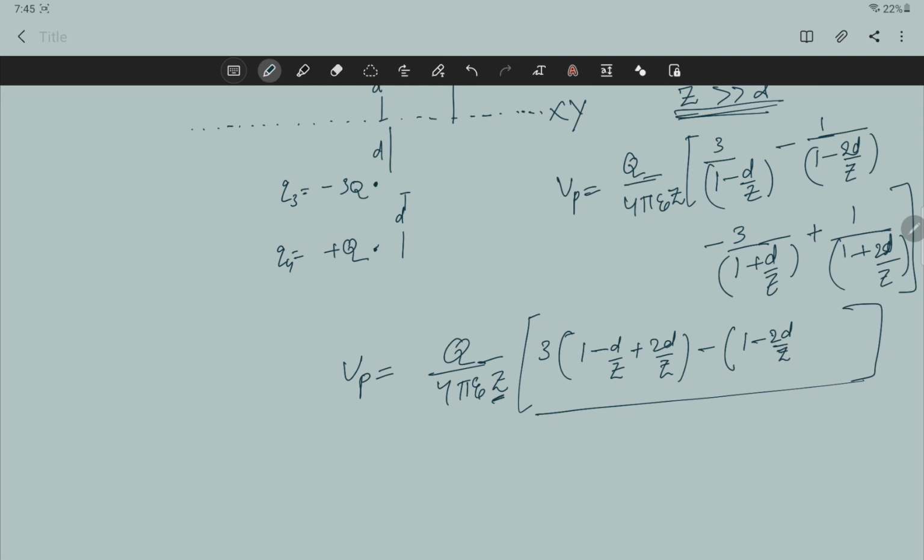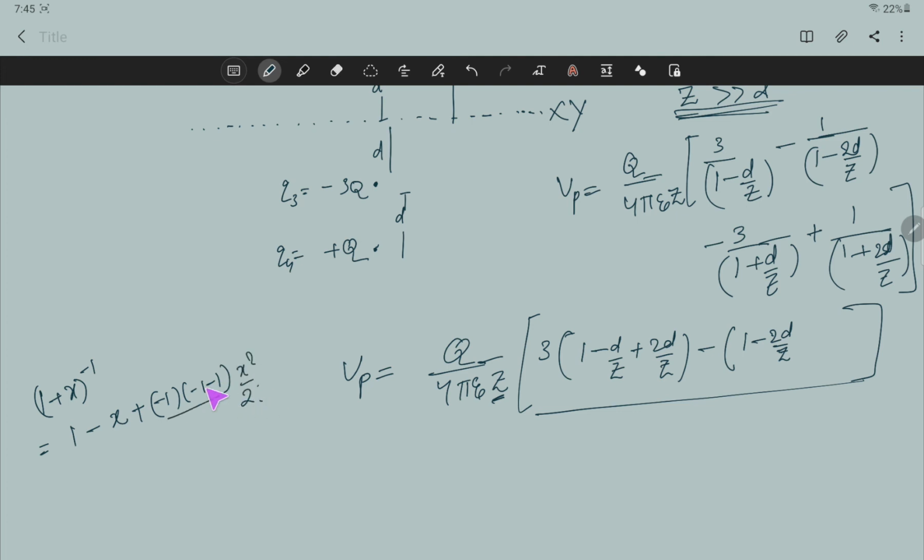So what is 1 plus x to the power minus 1? This is the thing. So what will be the binomial expansion? 1 plus nx plus n times n minus 1 x square by 2 factorial.